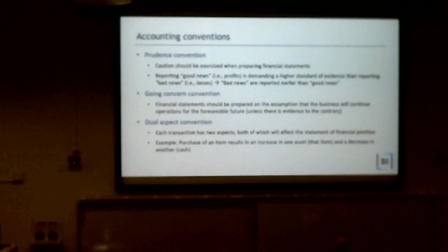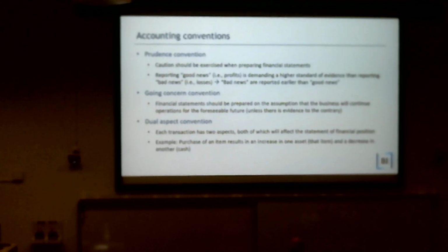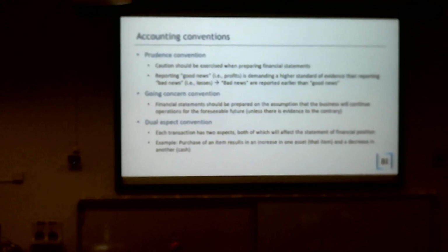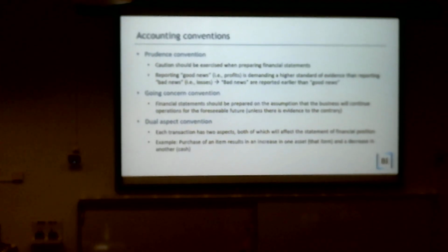And also the international financial accounting standards go in this fair value direction instead of historical cost. But here in Europe, the traditional thing was to be very prudent and very careful. And that's what we have in this upper point here. And of course, also in IFRS or US GAAP, there are still elements of it.